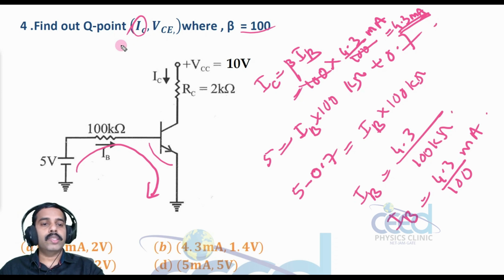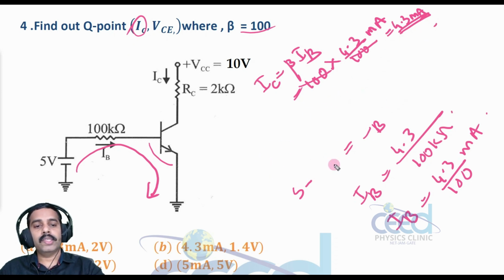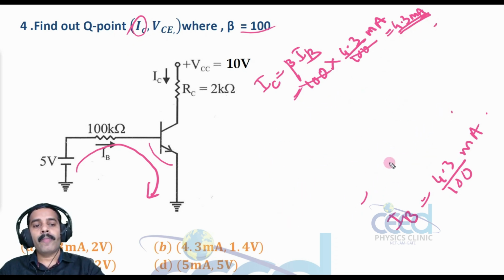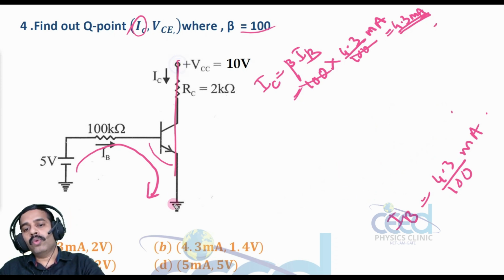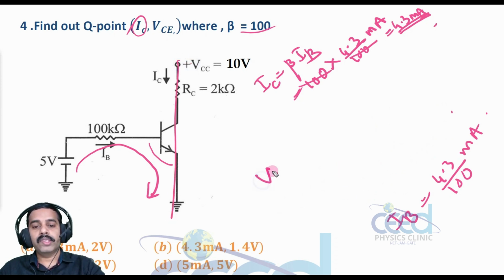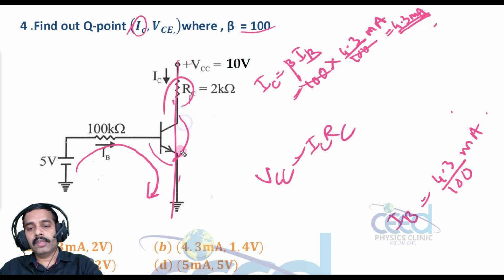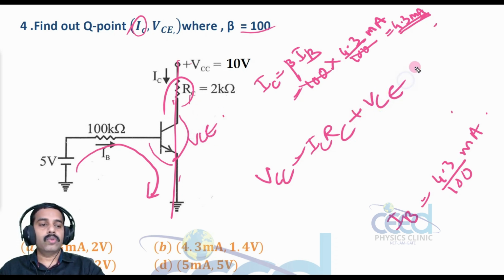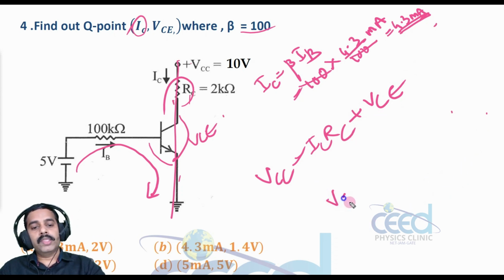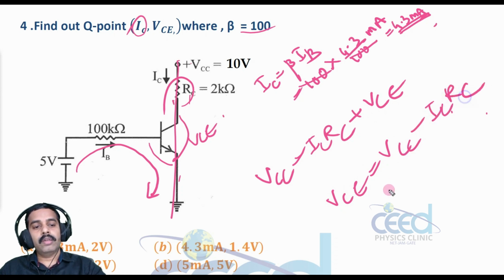Now let us calculate VCE. To find out VCE, we can apply Kirchhoff rule across this junction. So VCC is equal to, here there is a voltage drop, that is ICRC, plus the collector and emitter voltage drop, that is VCE. So VCE is equal to VCC minus ICRC. What is VCC?